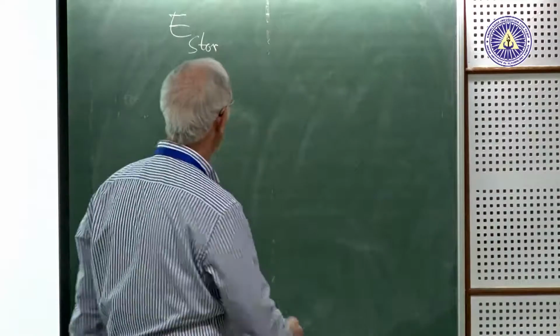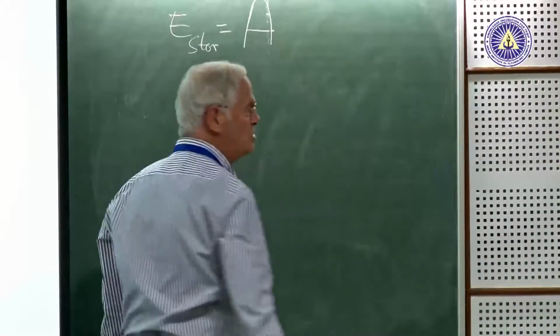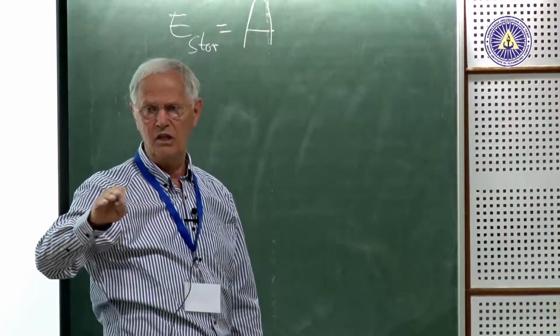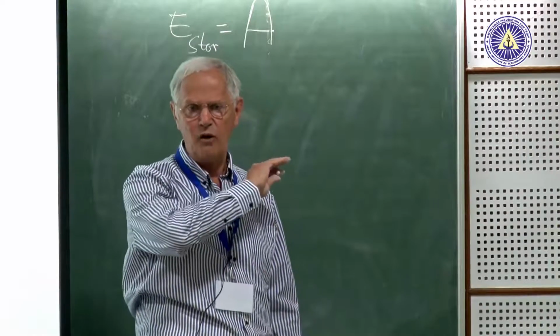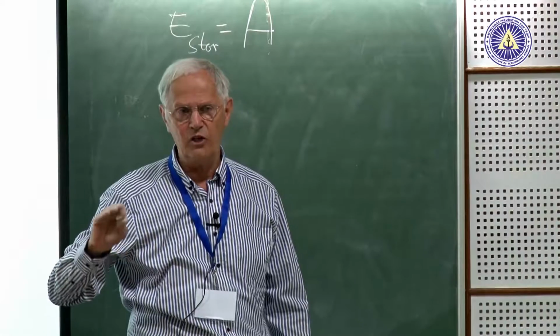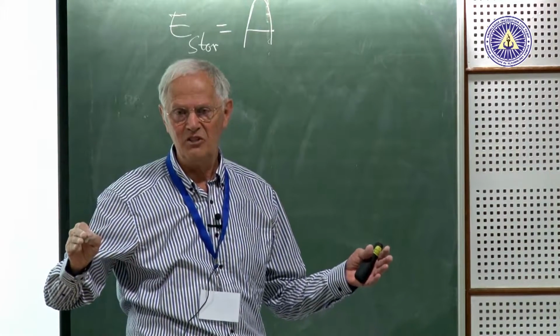How does this look like? There is a constant which depends on if it is screw or edge dislocation. Did anybody see that formula in the textbooks? The elastic stored energy of dislocations. It is part of the plasticity lecture.